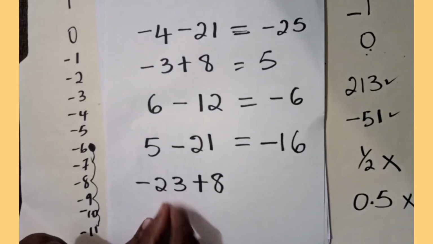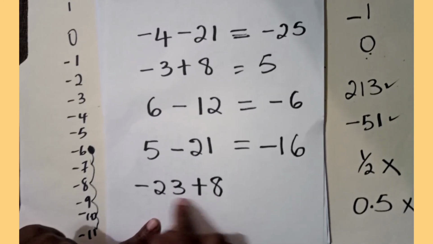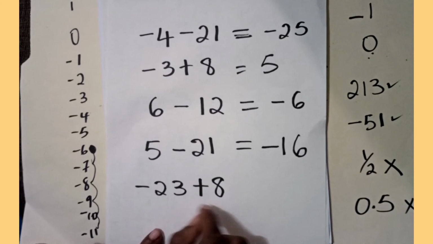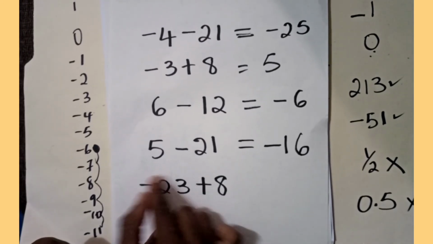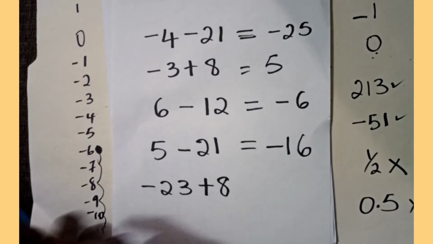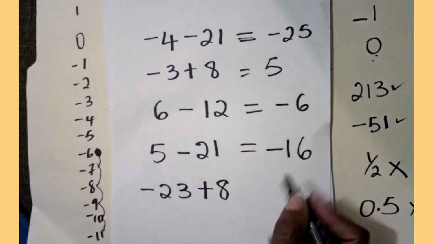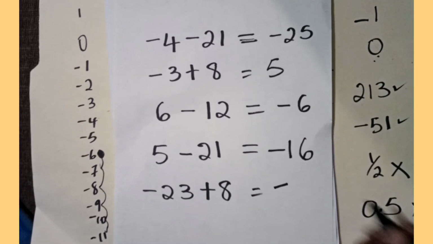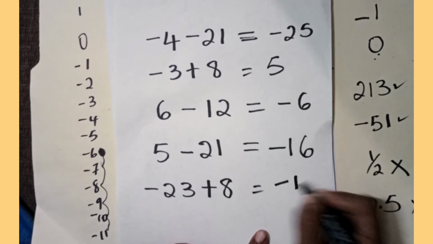But the face value of the numbers. So 23 is a bigger face value, right? So your answer is going to be negative. You owe 23, you only have 8. So when you pay that 8, you're still going to owe. So you owe 15.